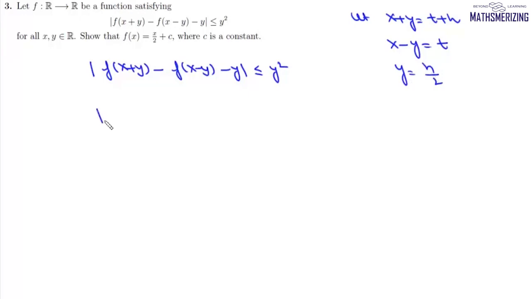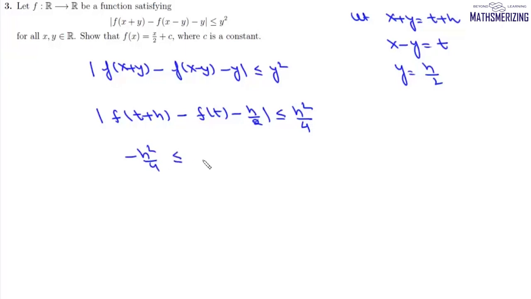So we can write this as mod of f(t+h) minus f(t) minus h/2, and this will be less than or equal to h squared by 4. Now mod x is less than a, then x lies between minus a and plus a. So we can write minus h squared by 4 is less than or equal to f(t+h) minus f(t) minus h/2, and this will be less than or equal to h squared by 4.